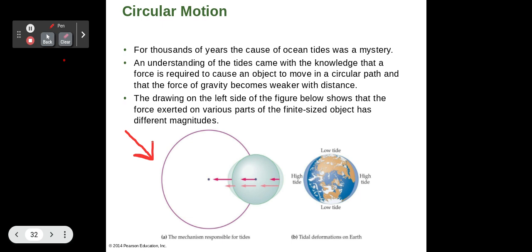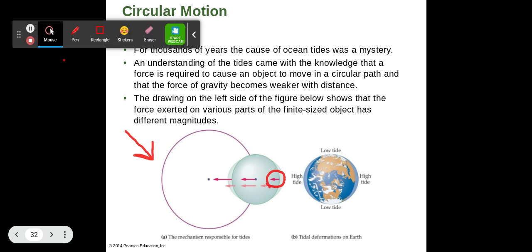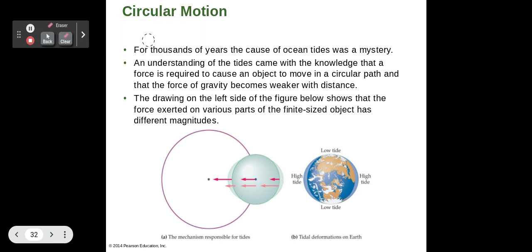You can see the size of the arrow, and notice that the further you get away, the smaller that arrow is, or the smaller that force is. Okay, all right. So let's move to the next slide. And we'll probably come back and forth between the two.